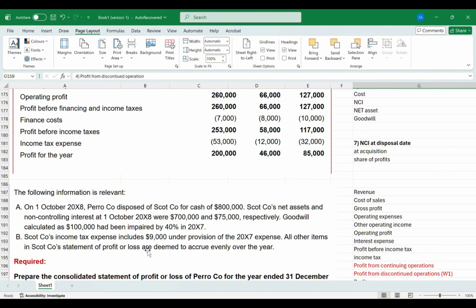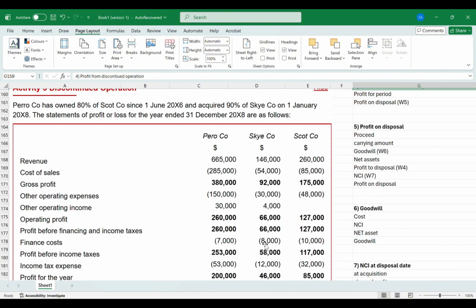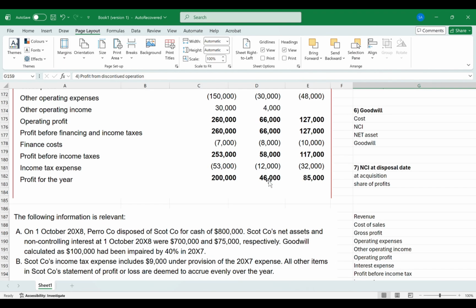All the other items in Scott's statement of profit and loss are deemed to occur evenly over the year. So with this 85, you would be taking this 9,000 provision, and then you will deduct 9, that is that income tax.